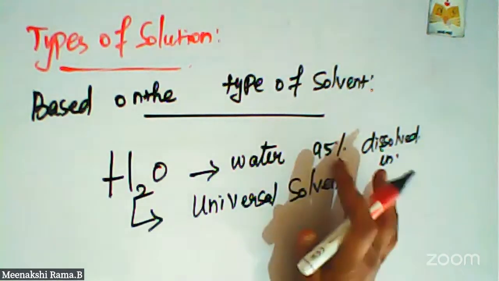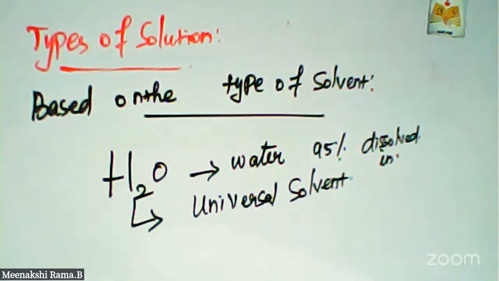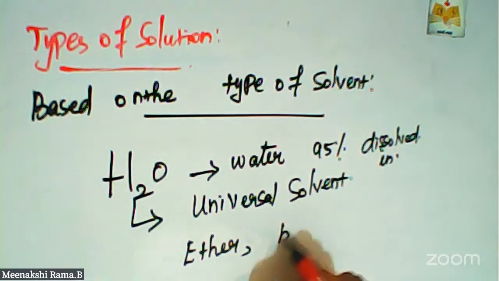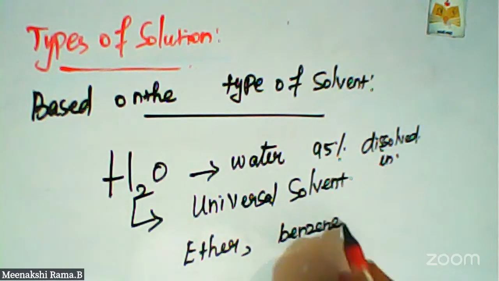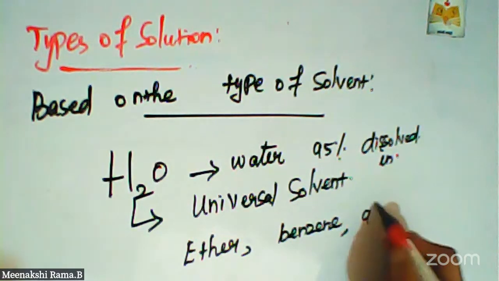Where is the remaining 5%? Some substances also act as a solvent, like ether, benzene, and alcohol.